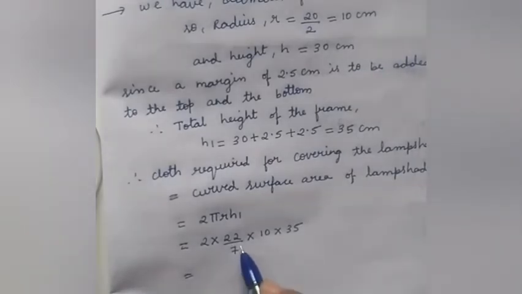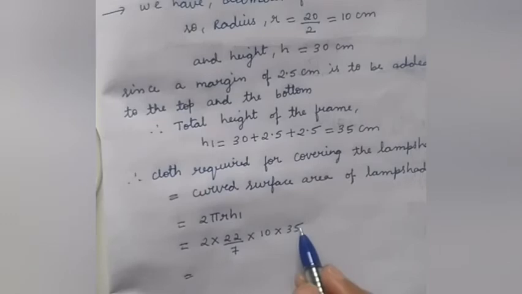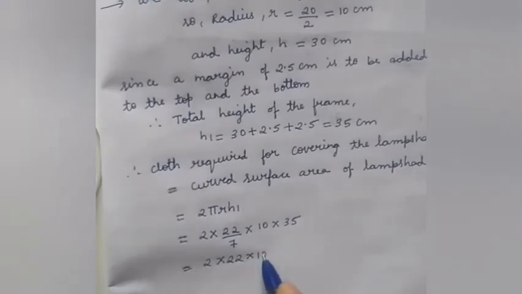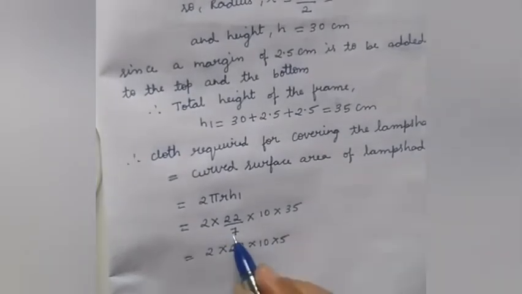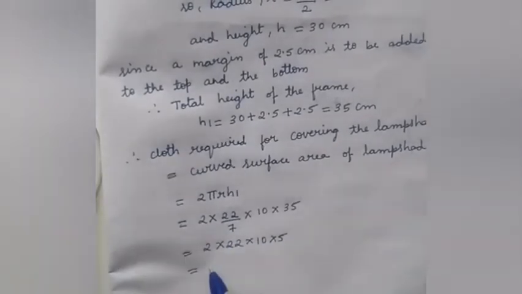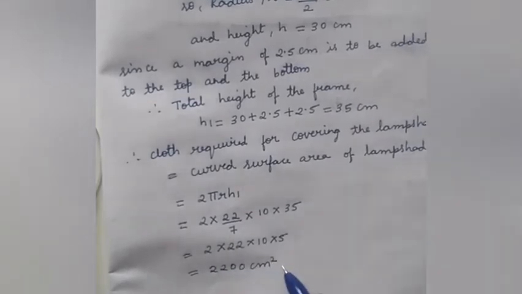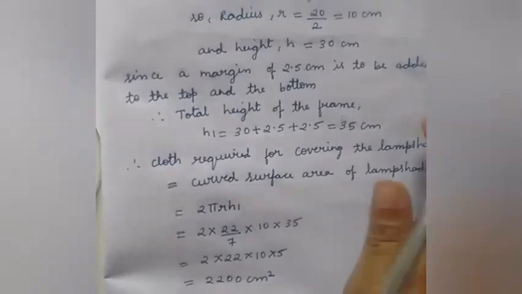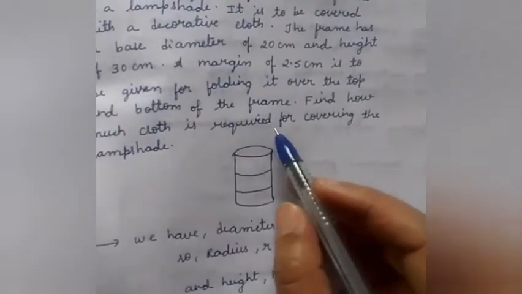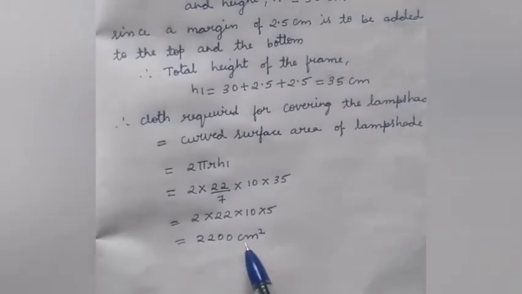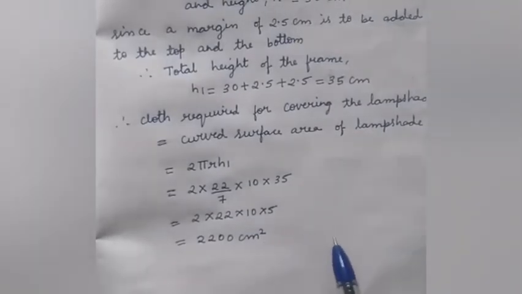We can cancel 7 and 7, one time, 7 five times. So it is 2 into 22 into 10 into 5, which is equal to 2200 centimeter square. So the total cloth required for covering the lampshade is 2200 centimeter square. That is the answer.